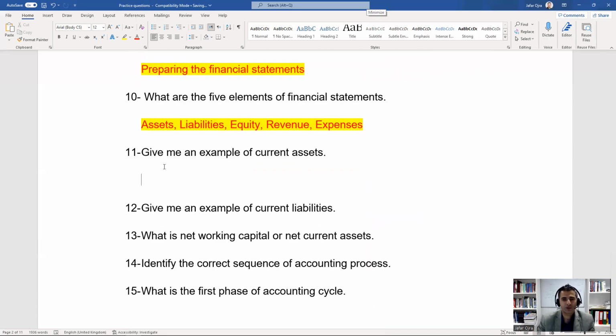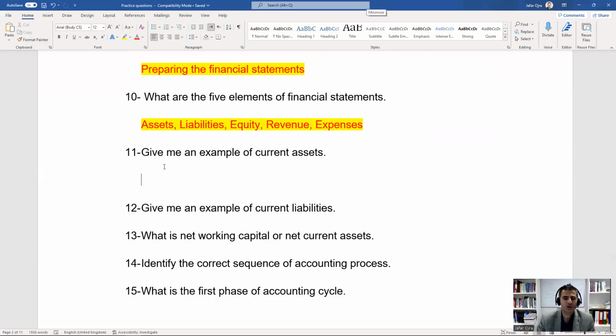Question number 11. Give me an example of a current asset. Now, when it comes to the accounting equation, we have assets, liabilities, and equity. And assets is divided into non-current assets or fixed assets and current assets. And liabilities is divided into current liabilities and non-current liabilities.